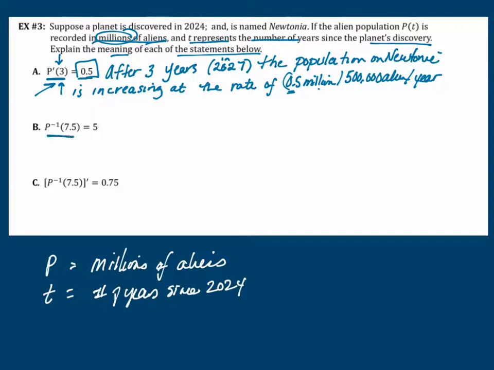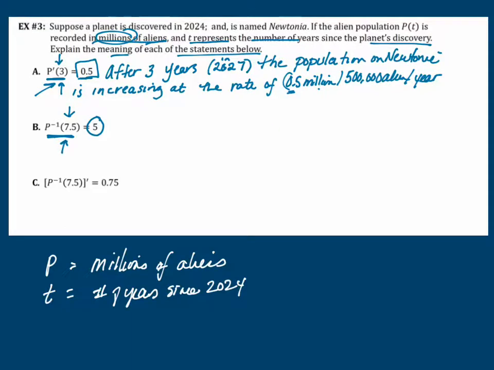What does this mean? Okay, we have an inverse function. That just means what came first, the chicken or the egg. This time you're saying that this is the year and this is the rate. So you can say it the same way, or you can say it with the population first.